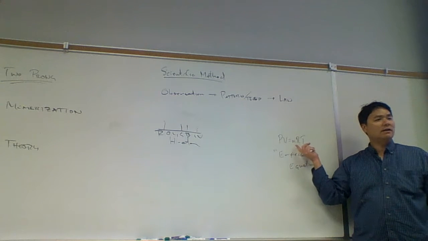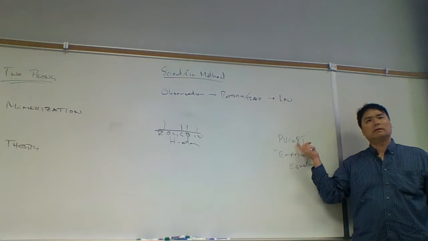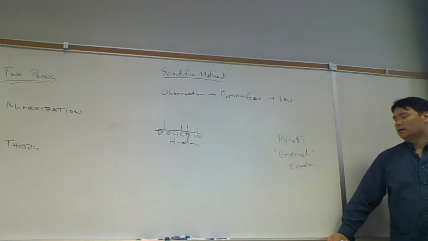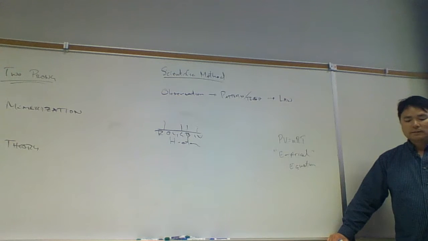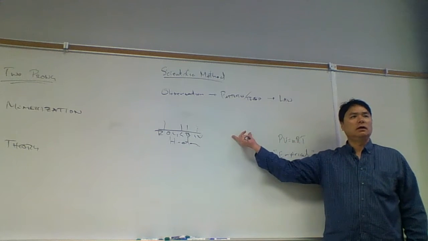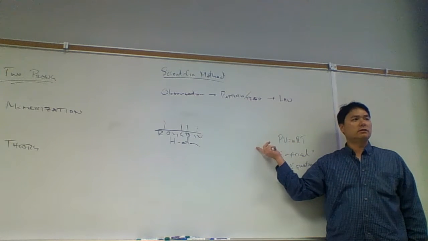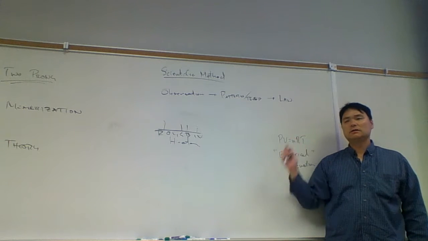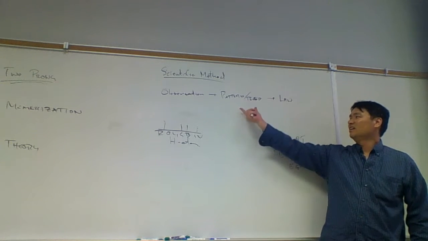Did someone derive the ideal gas law from theory? No. Not the original ideal gas law. Later on, people used theory to derive it. But this came from observation. What observations? Charles' law, Boyle's law, etc. Those observations led to this law.